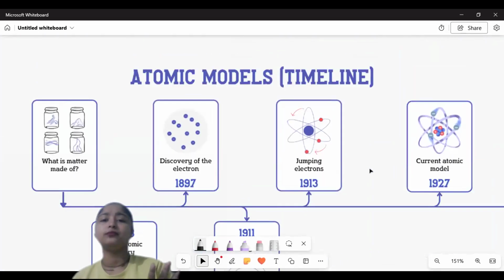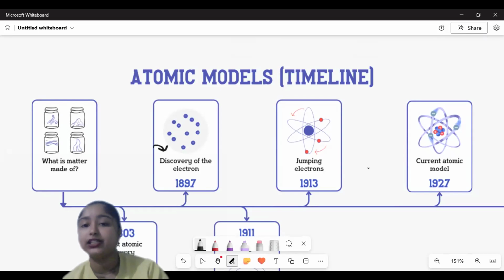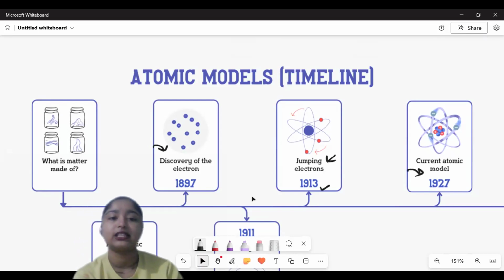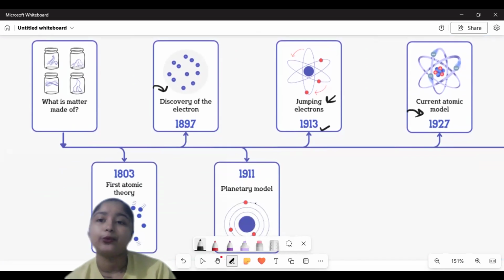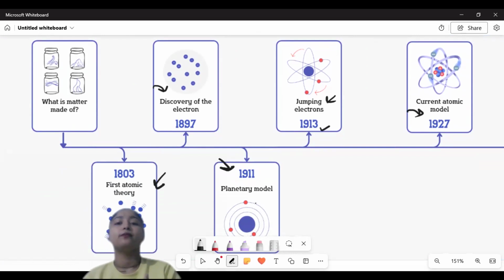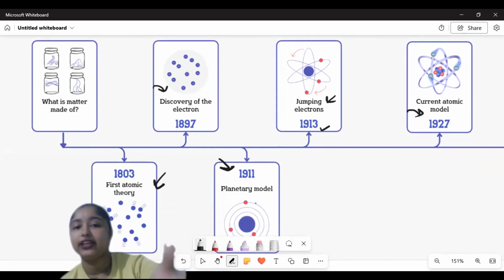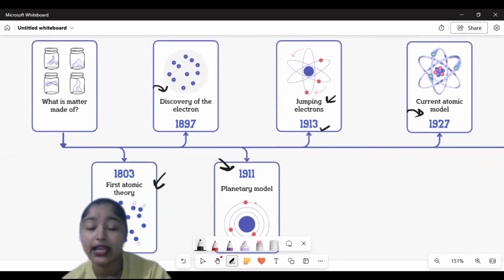Now let's look at some atomic models that are there. First of all, what is matter made up of? It goes like this: 1803, the first atomic theory. Then 1897, discovery of the electron.